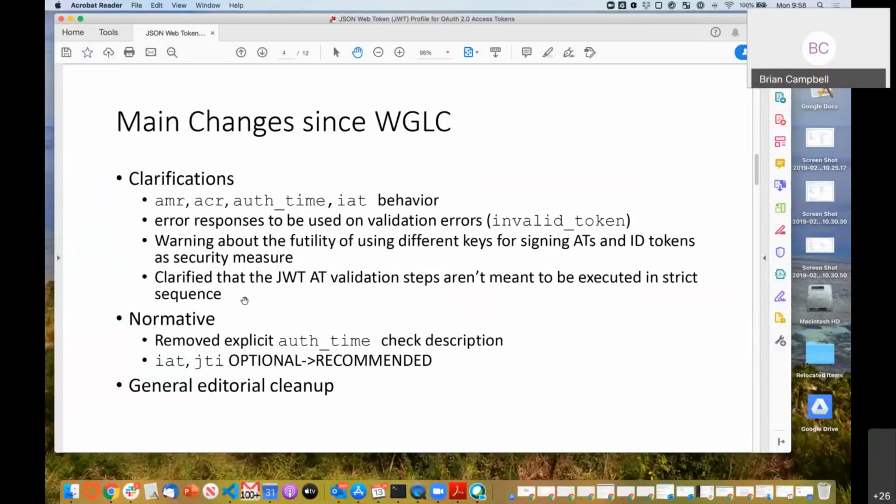So here there is one issue, which is I skipped one IETF, and so some of the work that went in clarifying auth time, AMR, ACR happened before the last call, and some of that was actually including feedback from you and from Annabelle.